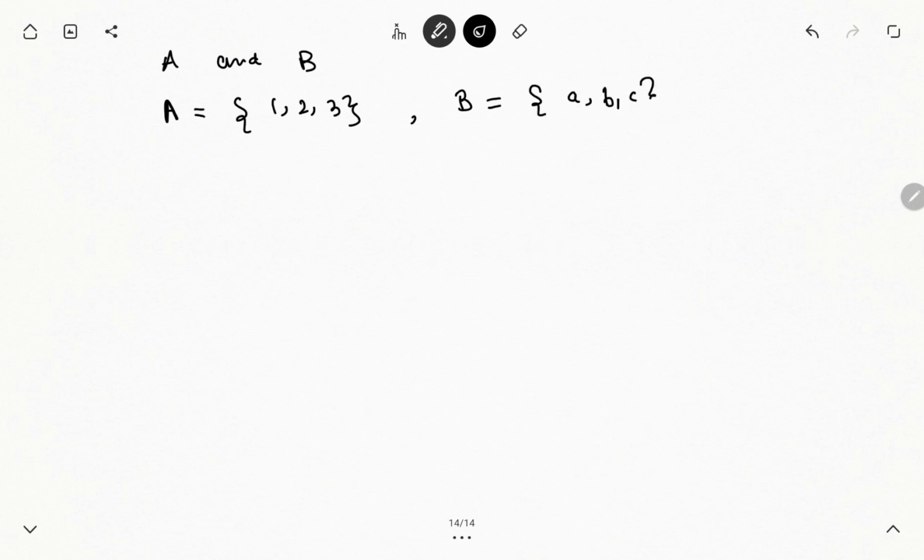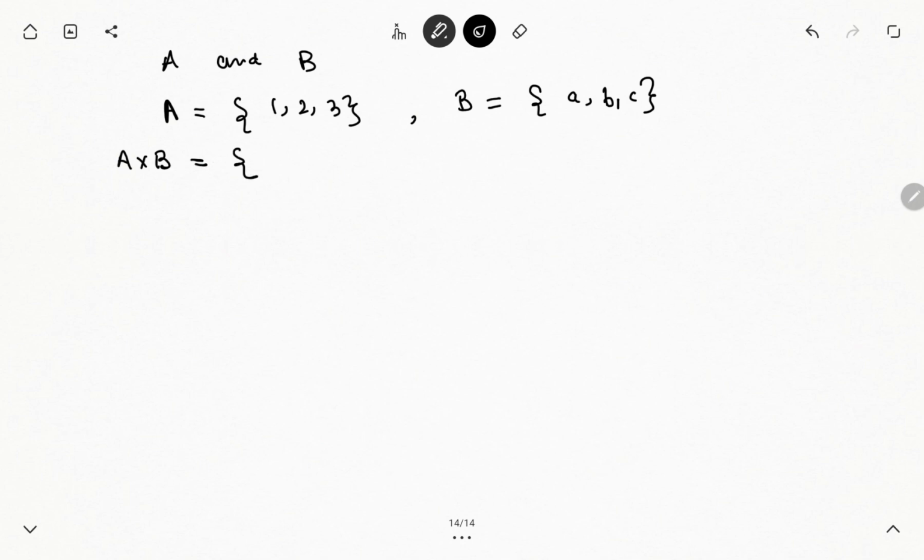We have two sets, A and B. Let A be 1, 2, 3 and B is a set of alphabets A, B, C. Now what is A cross B?